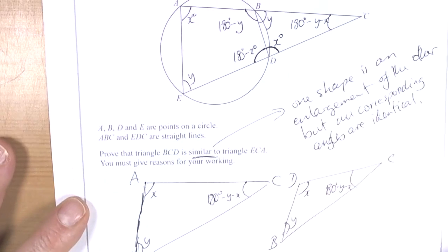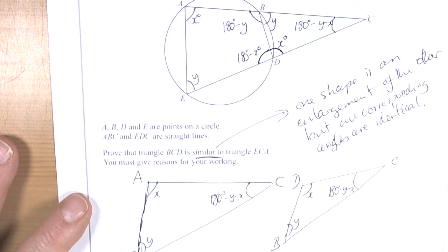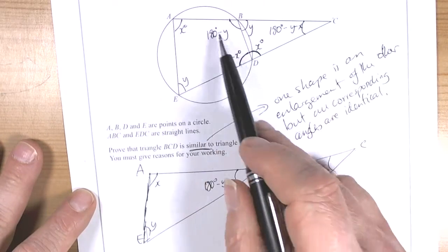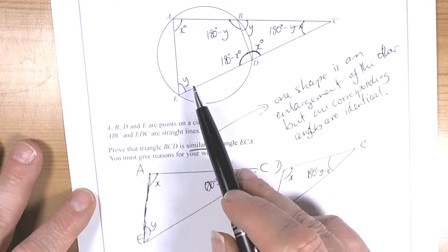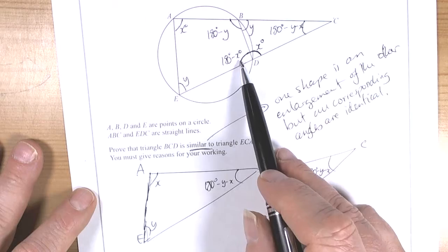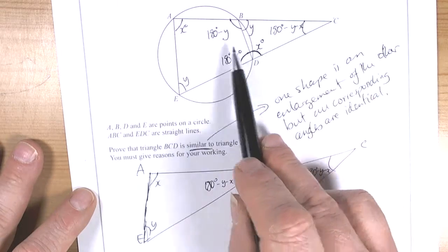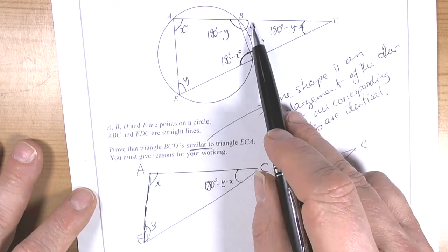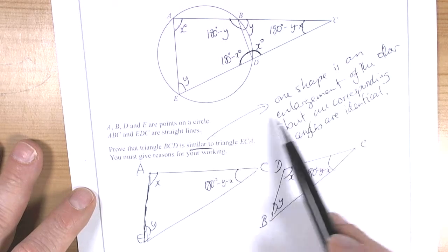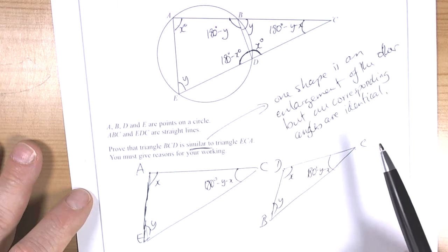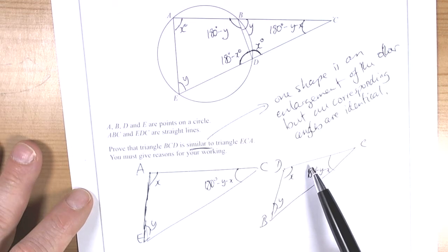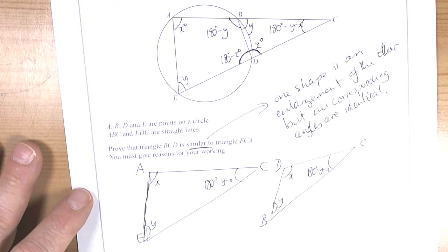Okay, so what we've done then is by showing that the labelling of this cyclic quadrilateral allows us to use the idea of opposite angles adding up to 180, then we can show that this is x and this is x, this is y, and this is a common angle, which is the same in both triangles. So therefore we've proved that the two triangles are similar, because all corresponding angles in both triangles are identical, so one must be an enlargement of the other.